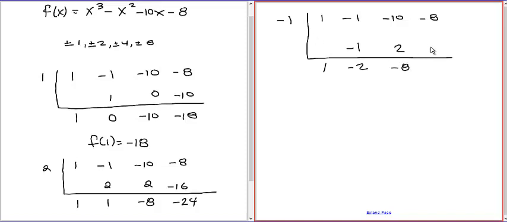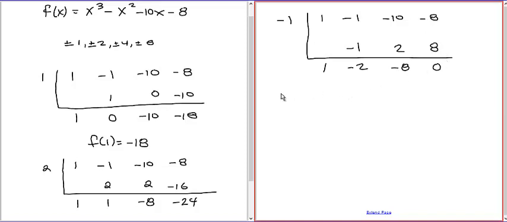Negative 1 times negative 8 is positive 8. And you add this together, you get 0. Let's double check, make sure we did this right before we claim victory. So bring that down. Negative 1 times 1 is negative 1. Negative 1 plus negative 1 is negative 2. Negative 1 times negative 2 is positive 2. Negative 10 plus 2 is negative 8. Negative 8 times negative 1 is positive 8. And that looks like it's going to work.